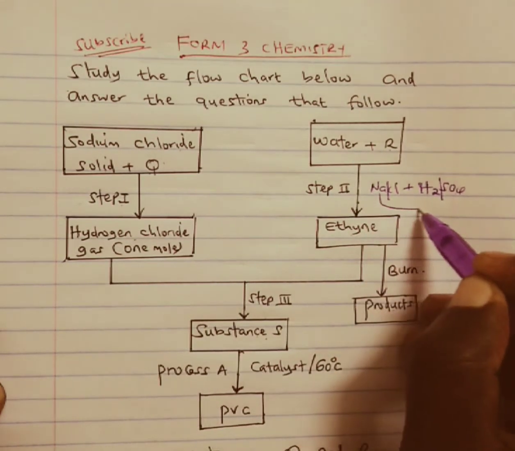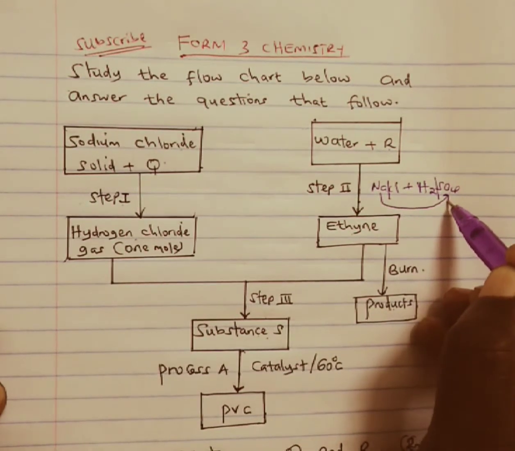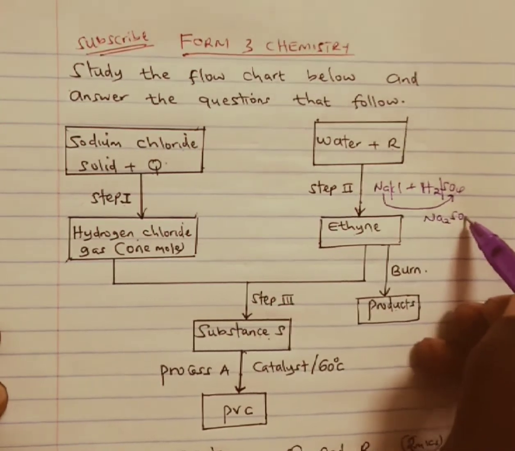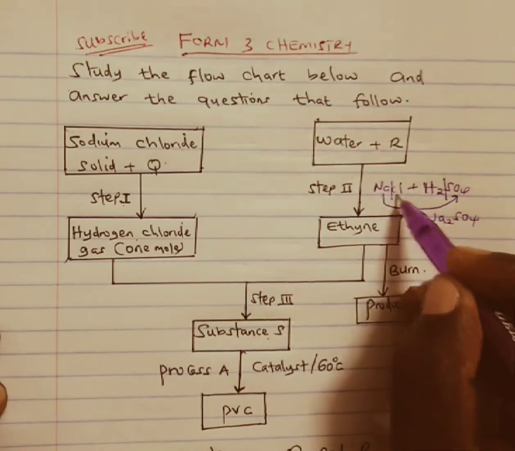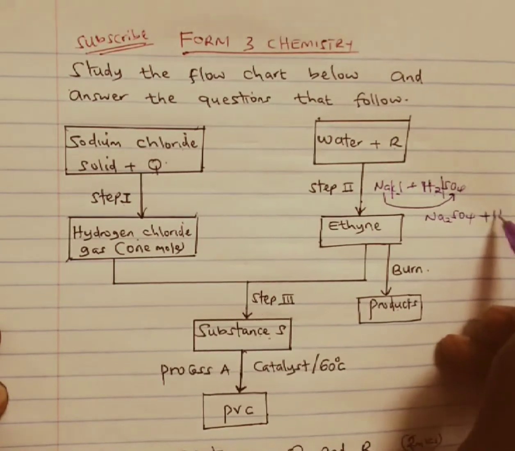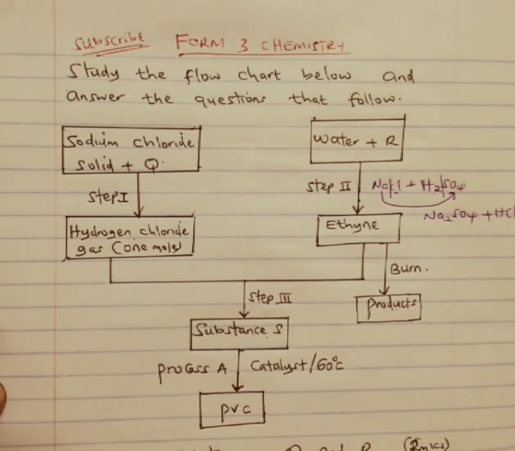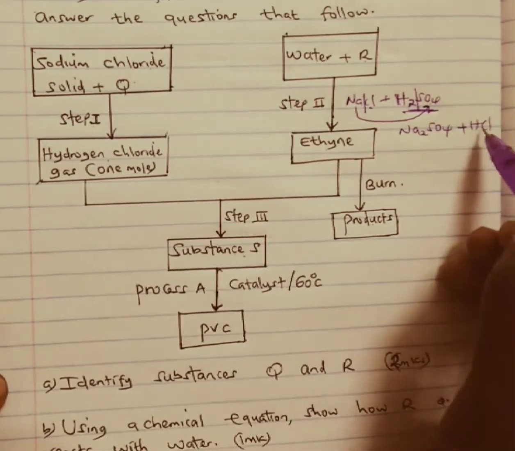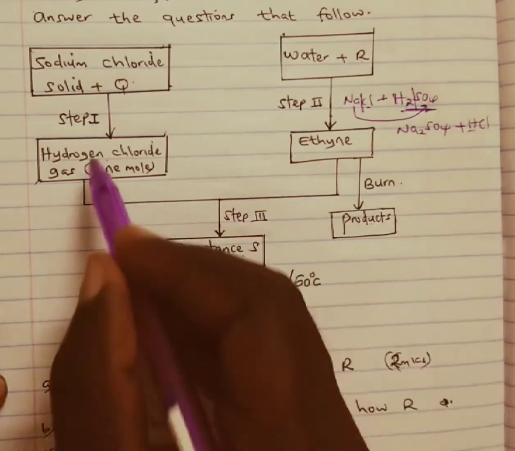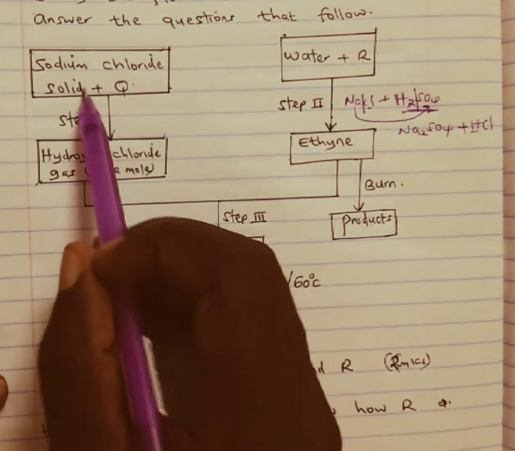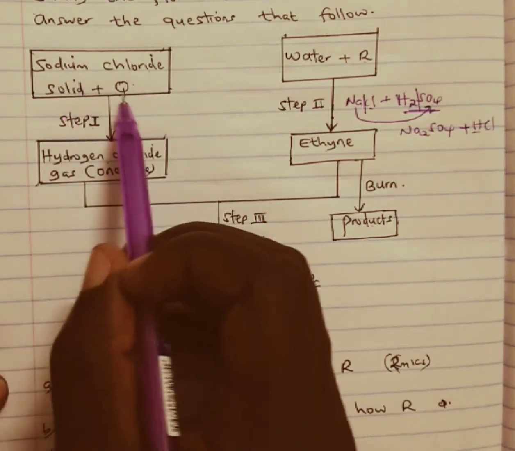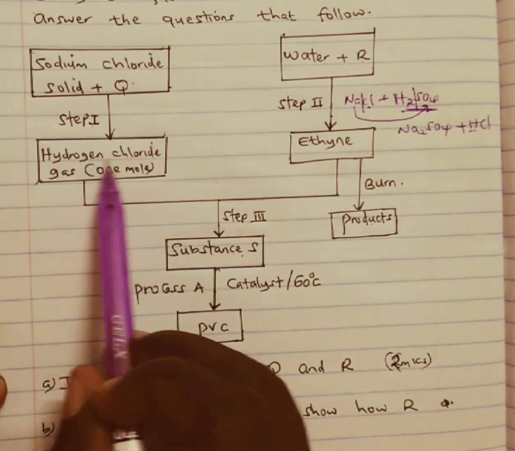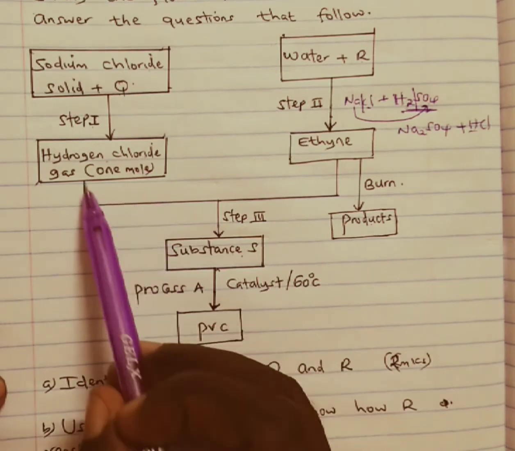So sodium will take up the sulfate to give us sodium sulfate. Then chlorine and hydrogen will give us the hydrogen chloride. So once we have identified the hydrogen chloride gas, which is produced as a result of sodium chloride reacting with concentrated sulfuric acid, we have our hydrogen chloride that is moving down.